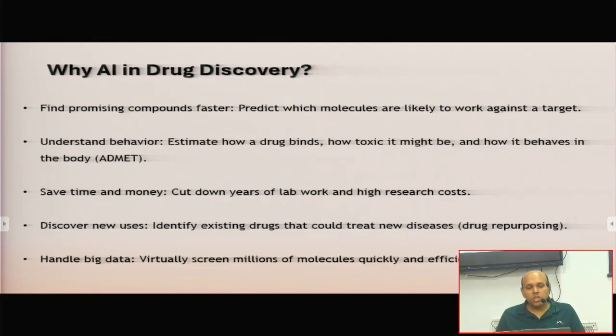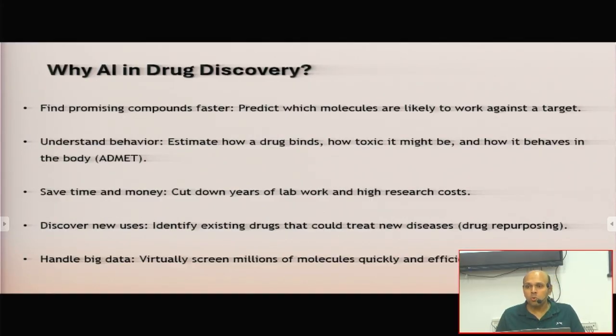So, discover new uses: identify existing drugs that could treat new diseases. For example, drug repurposing or drug repositioning. Rather than repurposing, now the term that is used is drug repositioning. So you're positioning a drug that was used. And there are several examples.